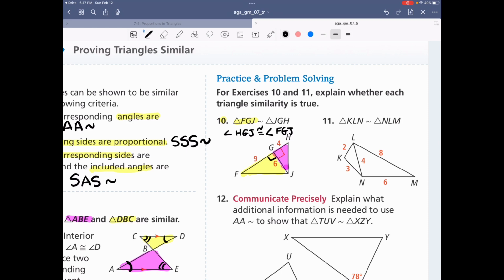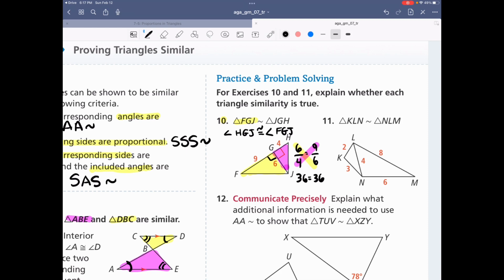So the 6 is the height of the purple triangle. If I were to flip it, this will be the small triangle, and then 9 and 6 will be the larger triangle. These are proportional because 4 times 9 is 36, and 6 times 6 is 36. So 36 is equal to 36.